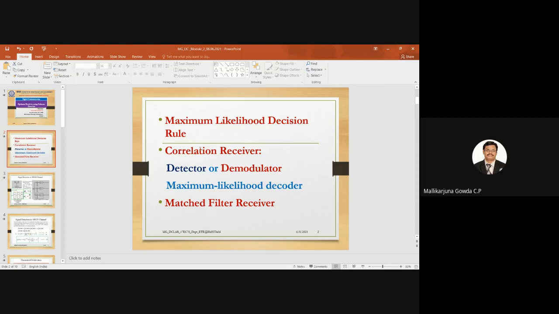So these two topics are very important. I can assure you that there will definitely be one question on this topic for 8 to 10 marks. Out of these two receivers, either the correlation receiver or the matched filter receiver, any one question will be there. These are the most frequently used and popular types of receivers in communication systems, especially digital communication systems.